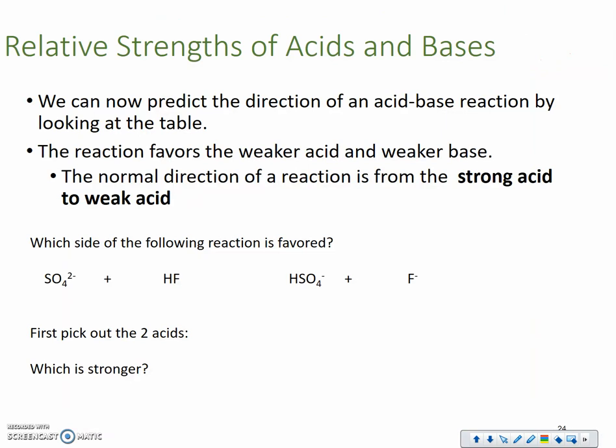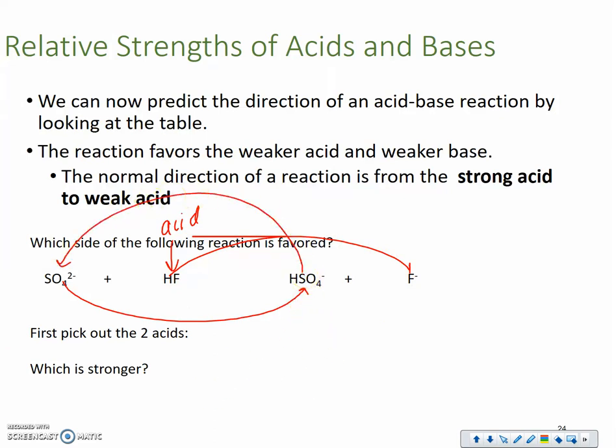So if we have this given reaction here, sulfate and hydrofluoric acid, and they're going to form this HSO4 and F. So this SO4 turns into this. If I'm reading in the forward direction, my HF is my first acid because it's losing a hydrogen. And then if we look at it in the reverse direction, my HSO4 is my acid. So that's my other acid.